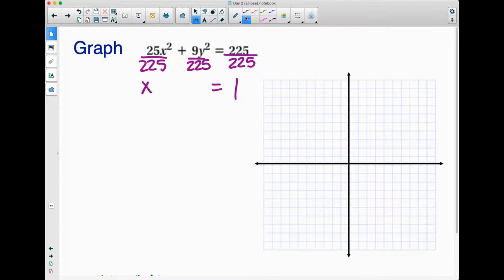So this would just be x squared over 9, which makes this y squared over 25. Now it looks like something we're familiar with. Now we just graph it.